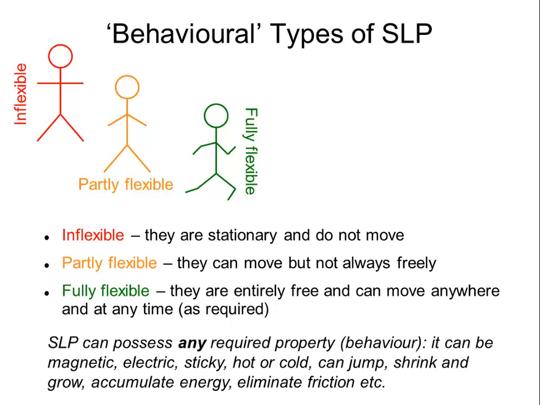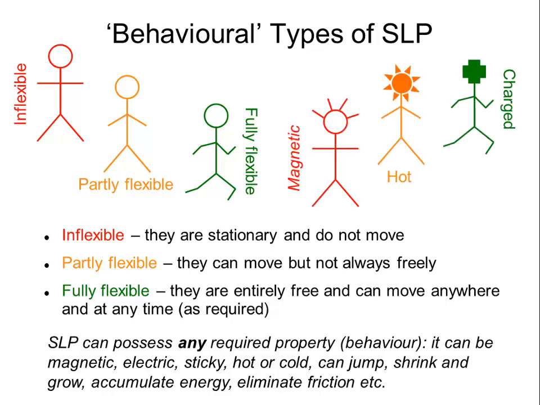It is important to note that these smart little people can have additional properties. For example, the red person with standing hair is not only stationary but also magnetic and can be attracted to a magnet. The orange person with a sun-looking head is partly flexible and is also hot.